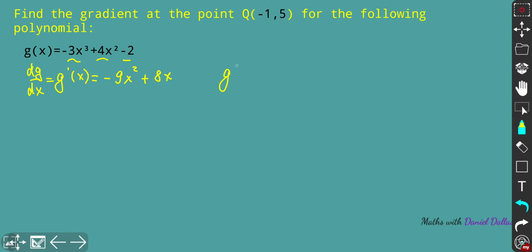Now we plug in the point, the x coordinate, -1, and see what the gradient is at this point. So let's plug in -1 and we'll get -9 and -8, so we'll get -17. All right, so that's the gradient. So this is the gradient of the function g at the point when x is -1.